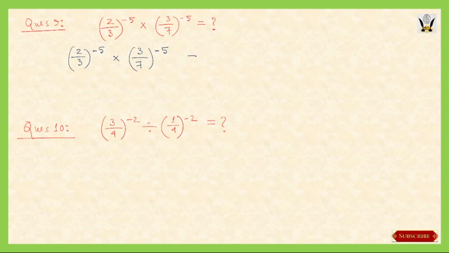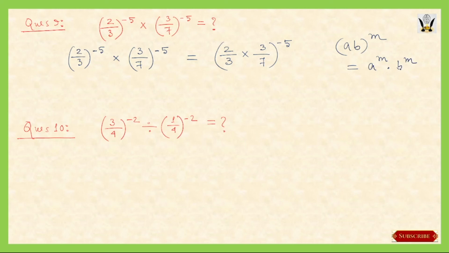So what we can do is write it this way: (2/3 × 3/7) to the power minus 5, because we know this property that when two bases a and b are multiplied and we take any exponent m of that, it can be expressed as a to the power m multiplied by b to the power m.